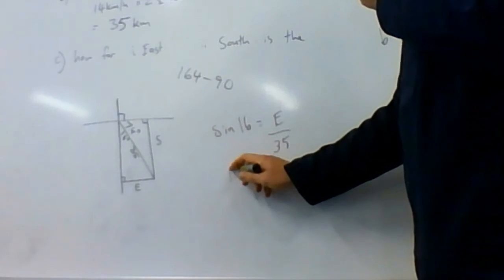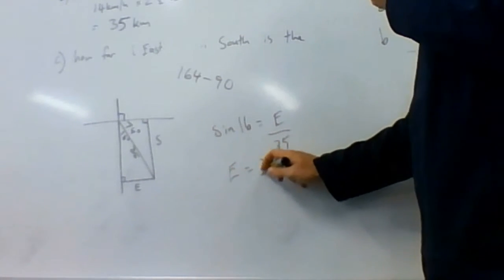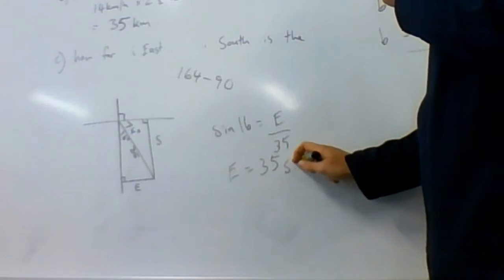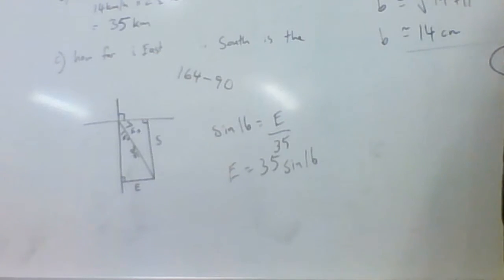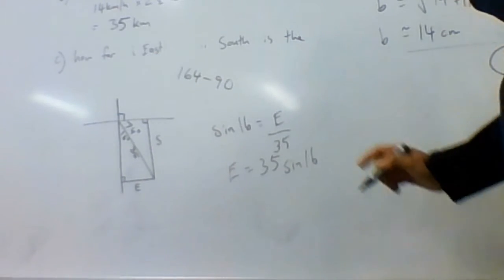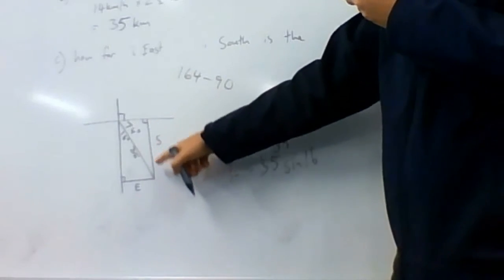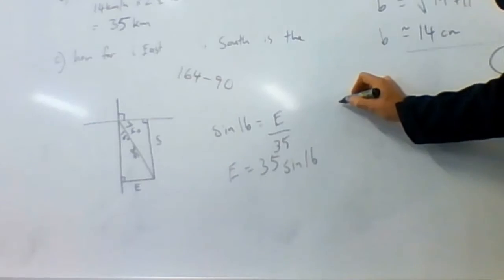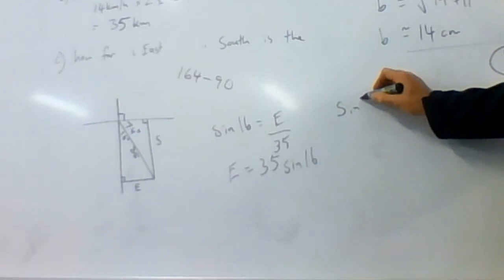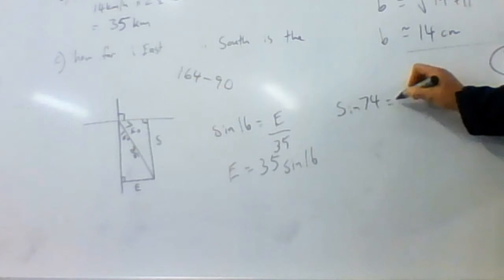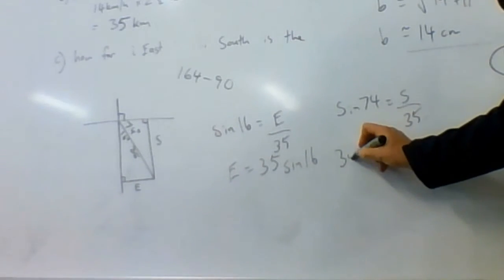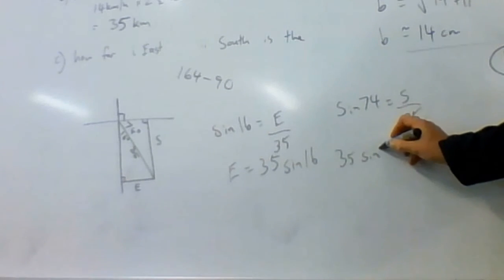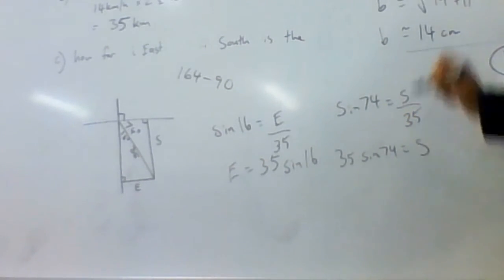So E will equal 35 times sine 16. Okay, and that'll work out the answer to that. And then for working out south, I've got an angle of 74. It's actually the same, it's a sine question again. Sine 74 equals south over 35. So 35 sine 74 will equal how far south I've gone.